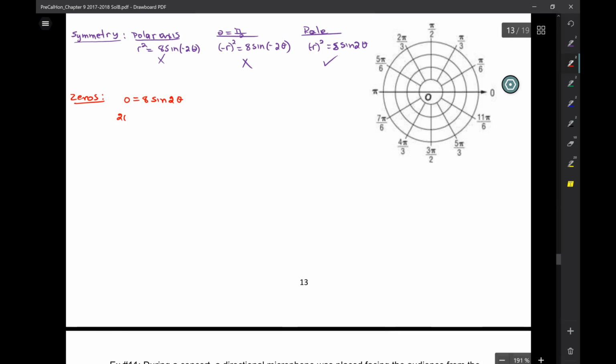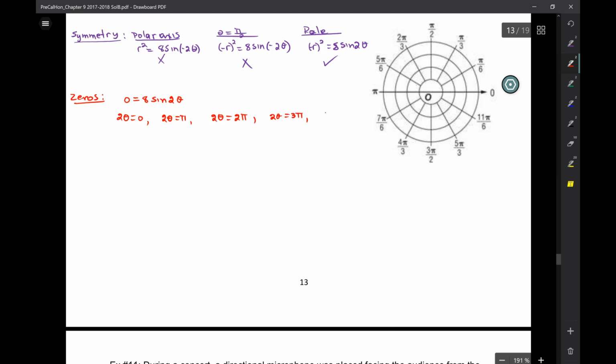So sine is 0 when the angle is equal to 0, pi, 2 pi, 3 pi. You have to go until you can solve through 2 pi.